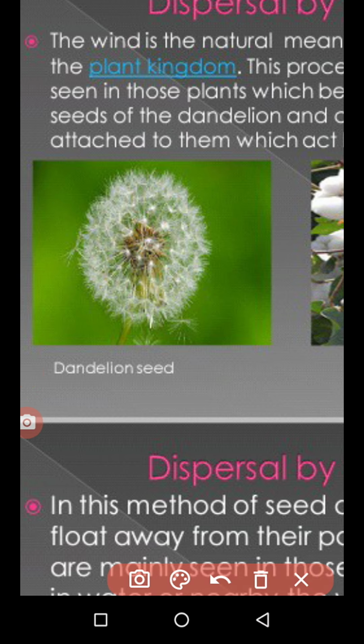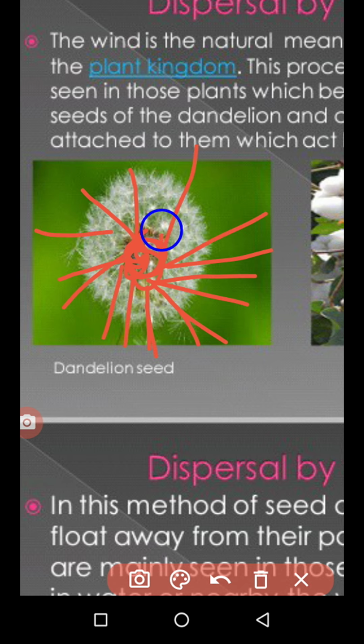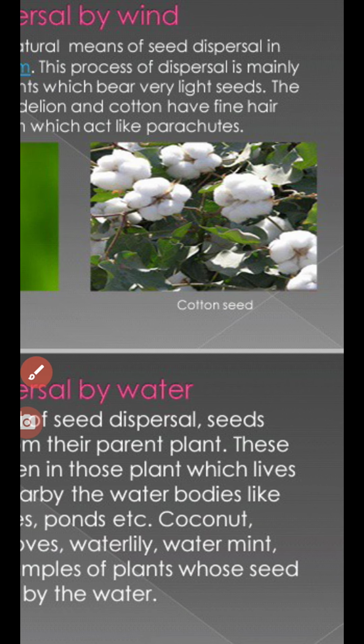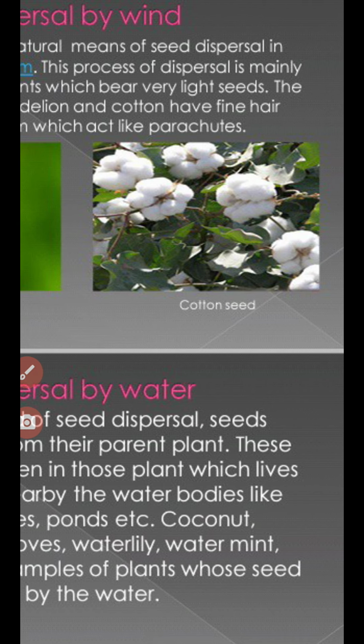In this you can see it is small inside this plant, and above this there are many fluffy parts. When they fly away in the air, they go very far away.